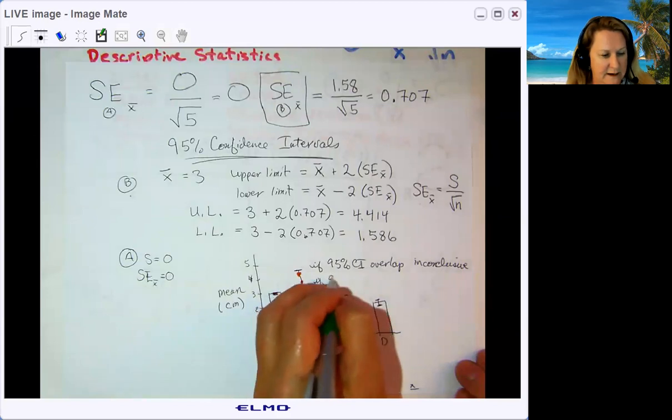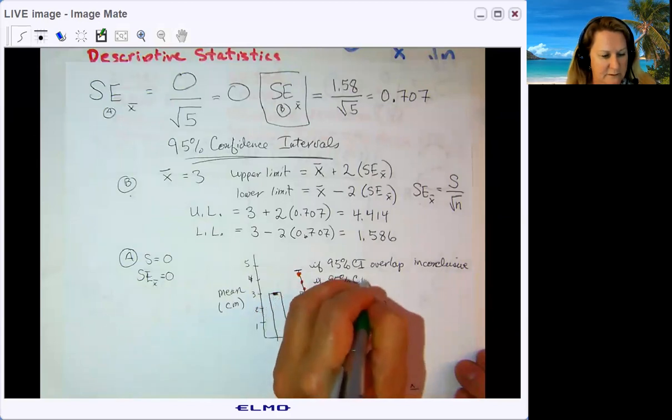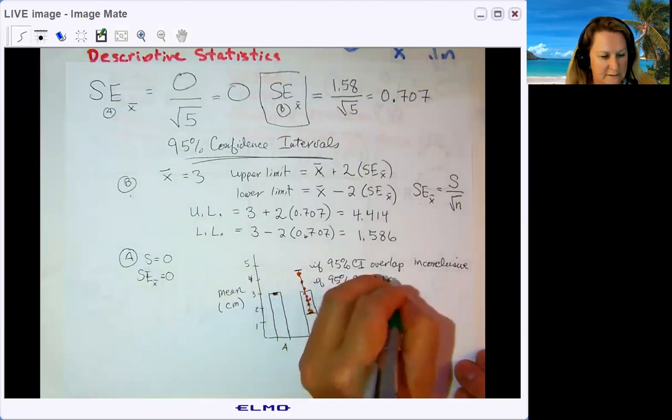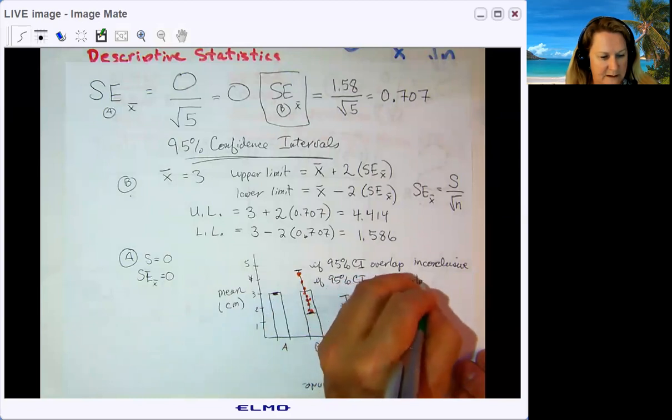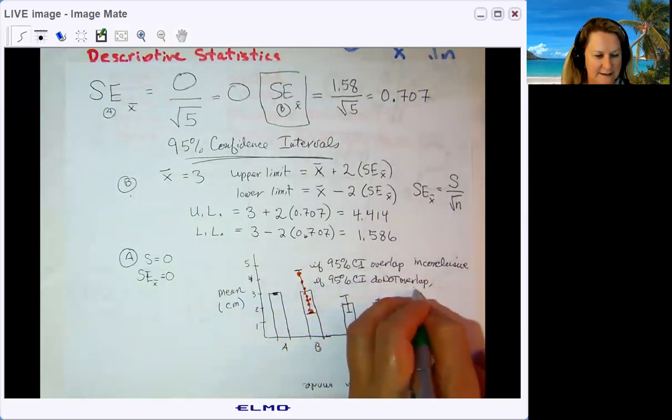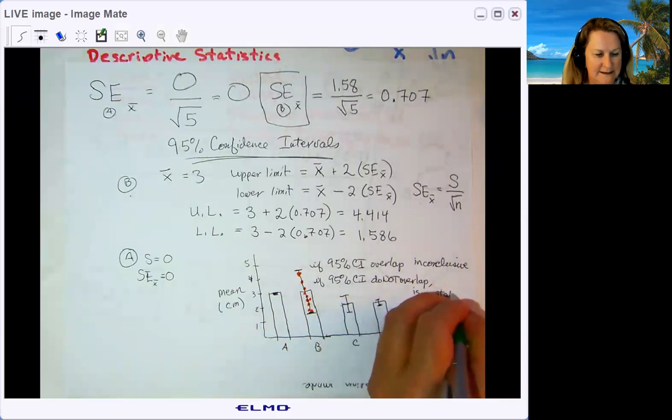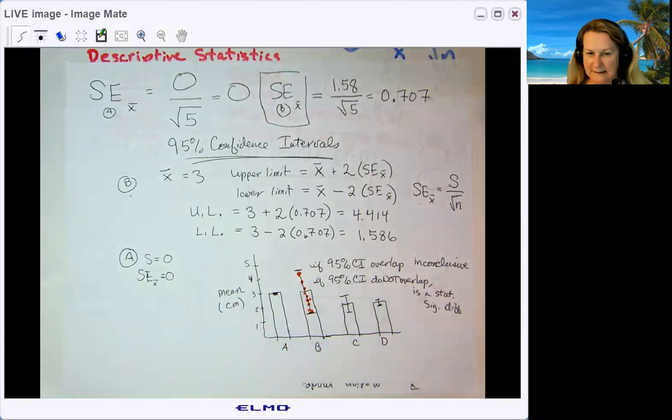So if the 95% confidence intervals do not overlap, we can say that there is a statistically significant difference between the data sets. So from this graph, we would say the data is inconclusive about A and B because A's 95% confidence interval obviously overlaps with B's, because it's completely enclosed in that.